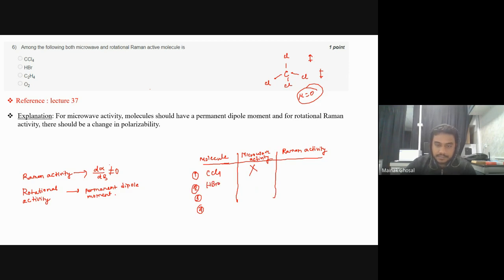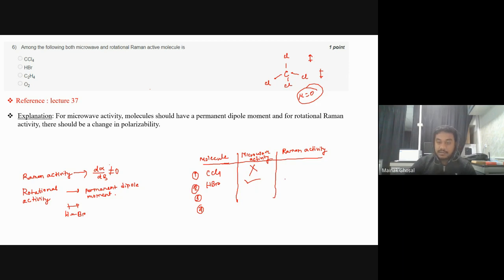Okay. For HBr, next question. HBr will have a permanent dipole moment. You know H and Br are different, so it will always have a dipole moment. So it will be rotationally active. Now I am going to the next column. Is it Raman active or not?